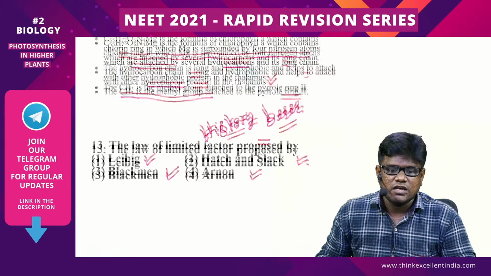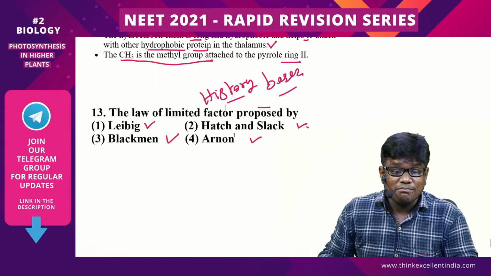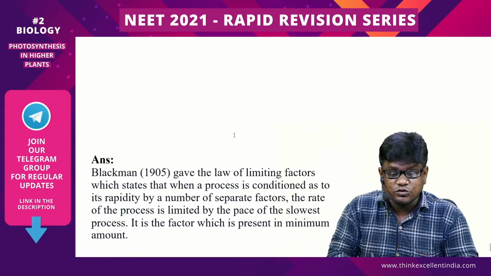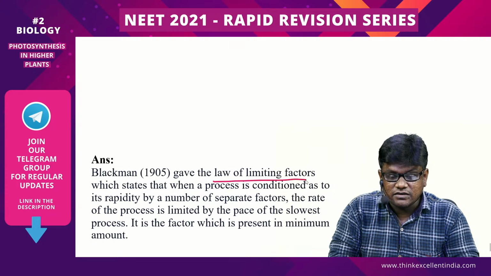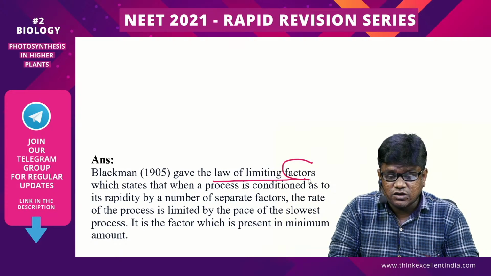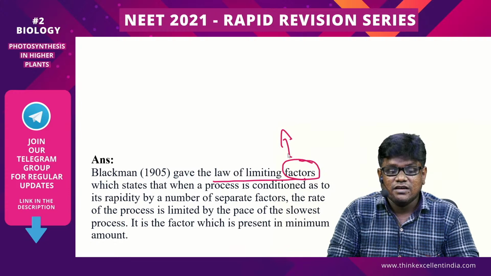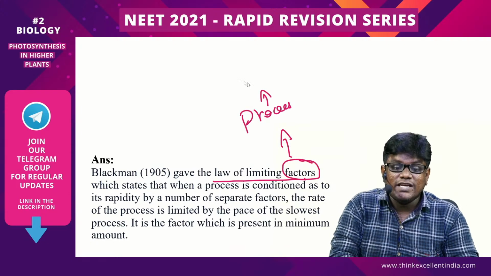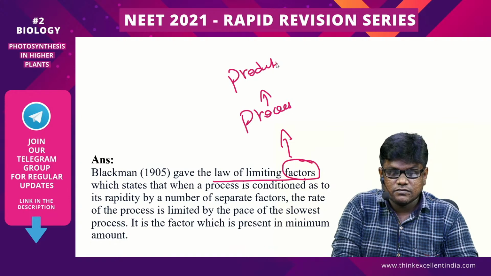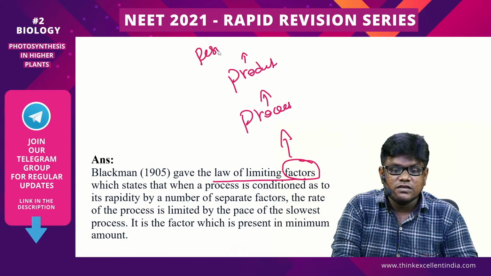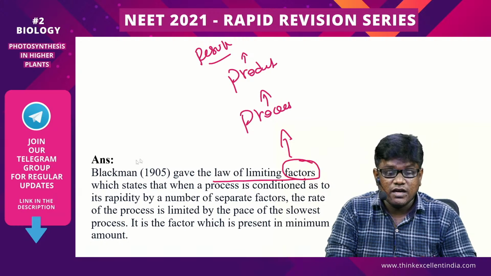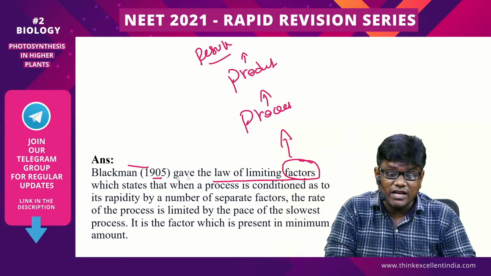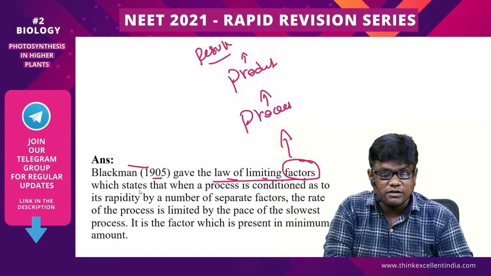Blackman is the person who proposed the law of limiting factors. I already told you in the first question what exactly the factors are: the factors required for a certain process to yield a product, to yield a result. That is very important. Blackman proposed the law of limiting factors in 1905.